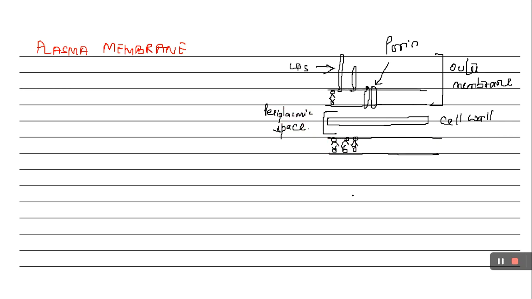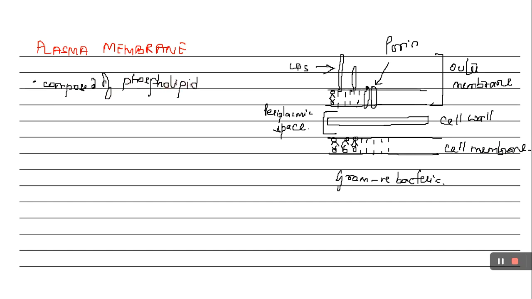So this whole structure is of gram-negative bacteria: outer membrane, then cell wall, then again cell membrane or plasma membrane. So what is the plasma membrane composed of? It is made up of phospholipid bilayer, as you can see here in the last structure.